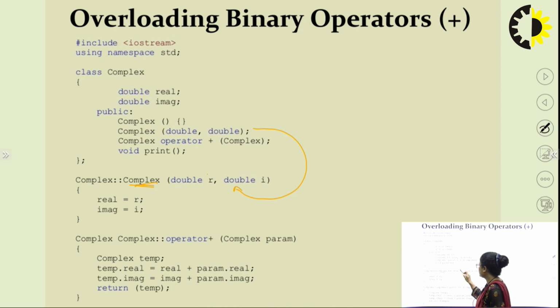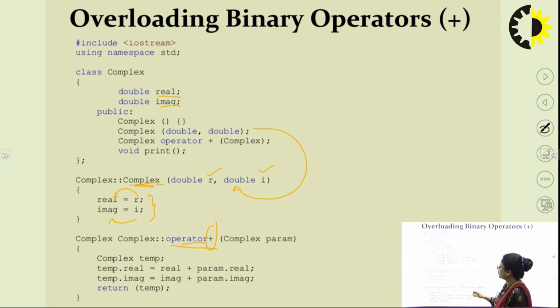It takes arguments R and I, which are used to initialize the real and the imaginary data members of this class. Now we come to the operator function where we are trying to overload the operator plus.